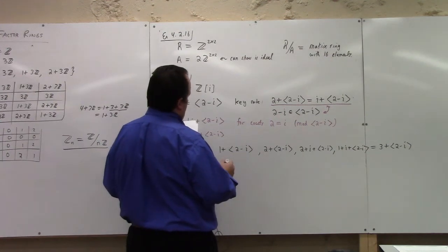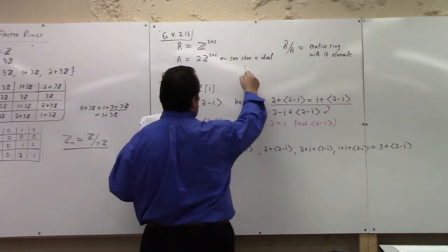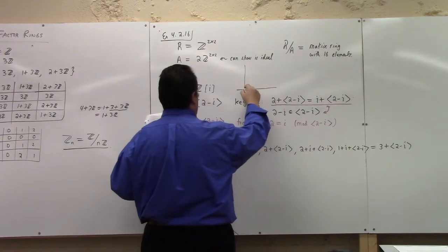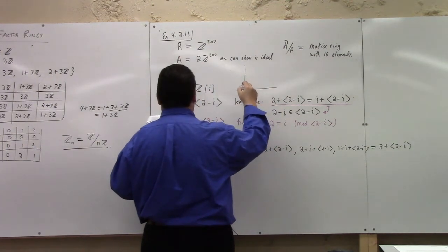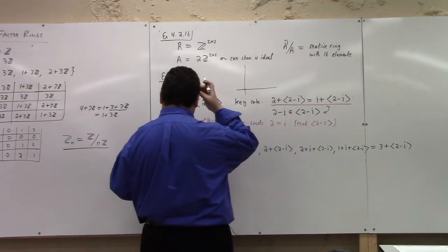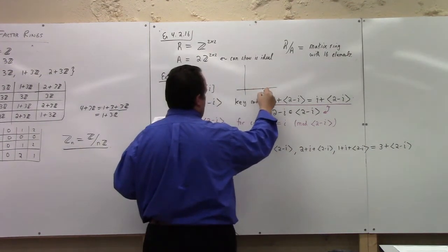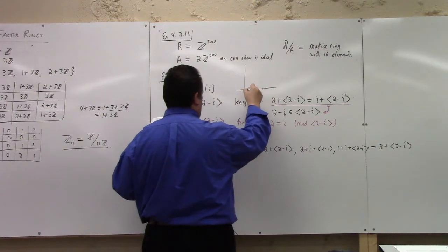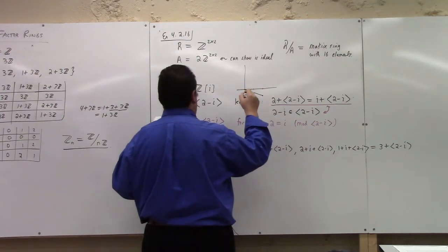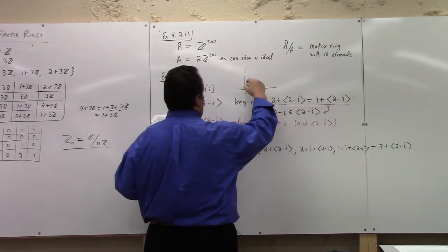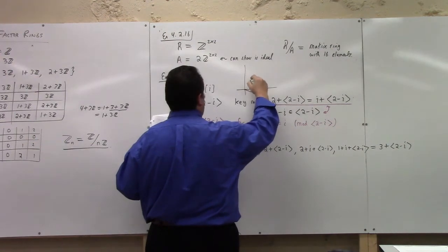See here how to think about this. One way to think about it is in the Gaussian plane, you've got the origin, and 2 minus i is over here. If I multiply that by i, it gives me this.